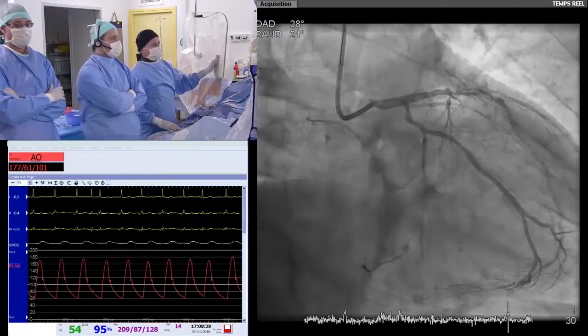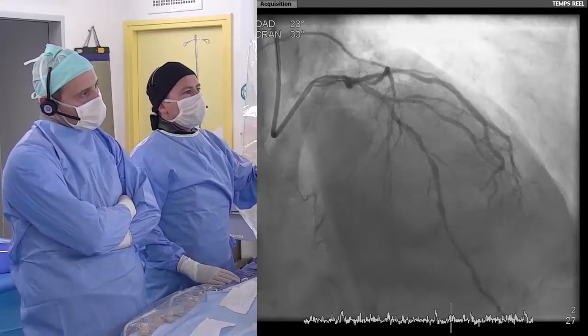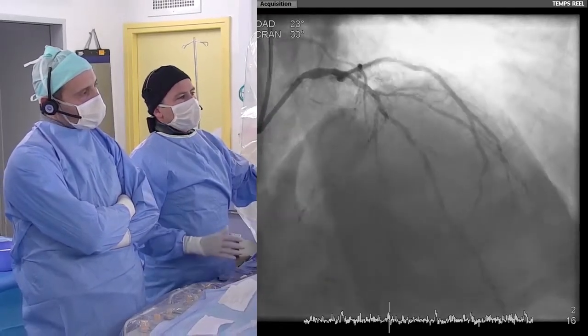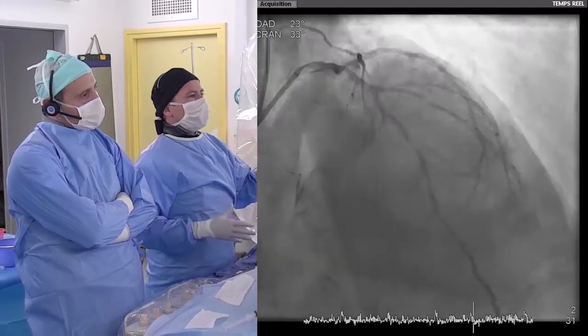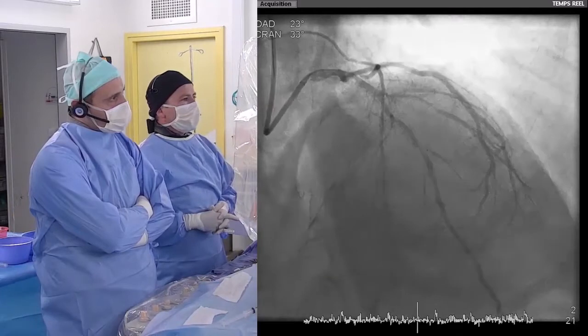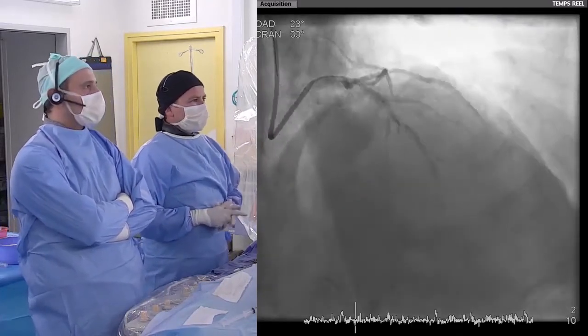You can see the calcification. The circumflex artery is not diseased. There is a long calcified lesion inside the LAD, so we have to assess this to better highlight the need of rotablator, but also to better assess some lesions, especially in the left main.